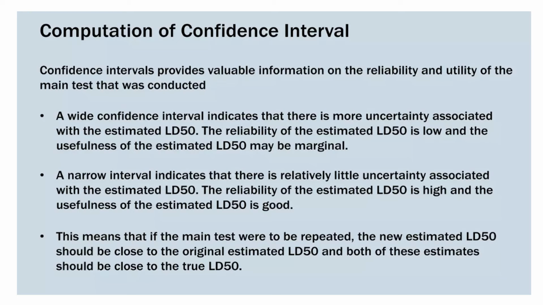If the range is narrow, then we can easily decide what the LD50 is. The narrow interval indicates that there is relatively little uncertainty associated with the LD50, and the reliability of the estimated LD50 is higher. The usefulness of the LD50 is good.